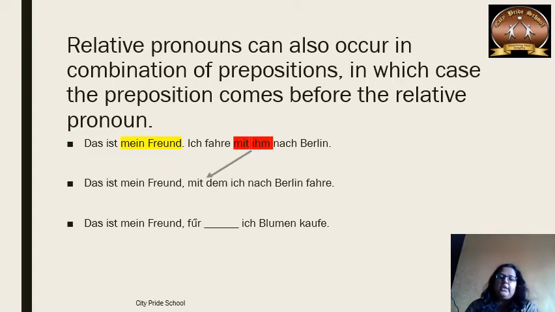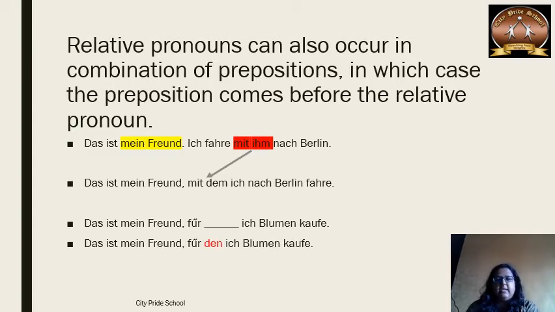So after knowing the case, you should know the article of the noun for which you are using the relative pronoun. In this case, the noun is mein Freund, which is masculine. So here it will be masculine accusative. The masculine accusative relative pronoun is den.